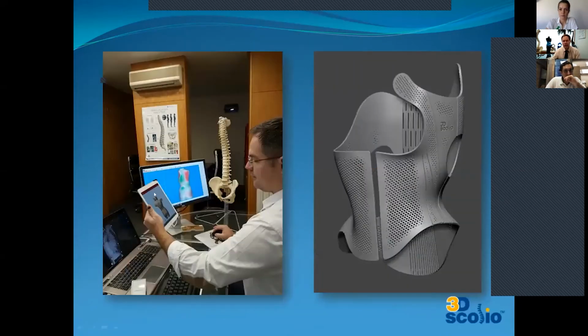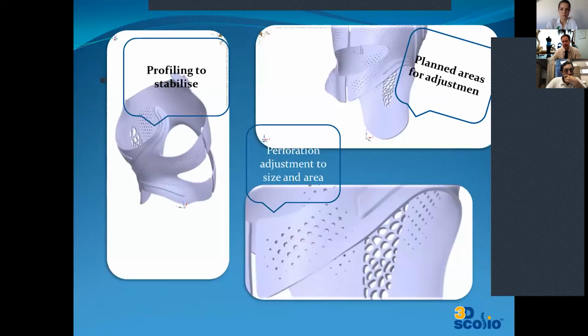So what we are doing: you have your scan of your patient and you do the rectification as you typically do now, more or less. But instead of carving with CNC or polyurethane foam, we construct this kind of brace in a virtual digital way. That means that everything has to be constructed.